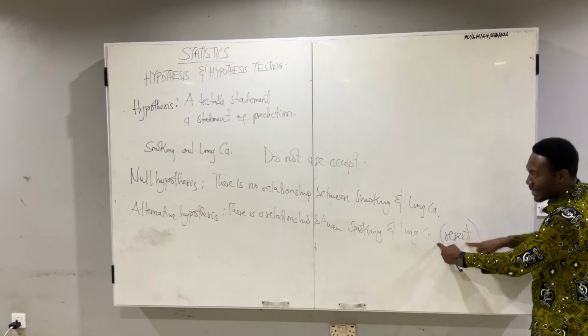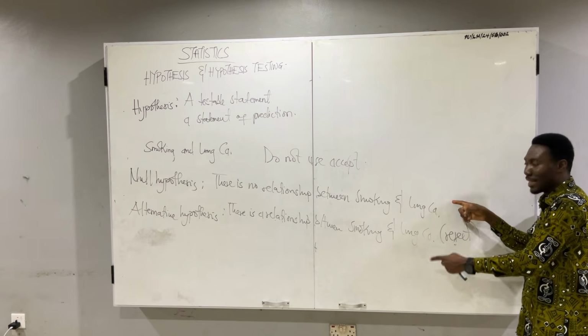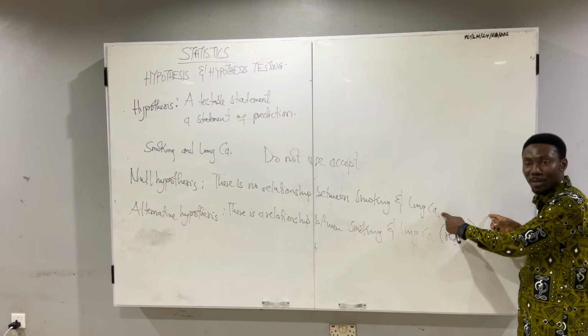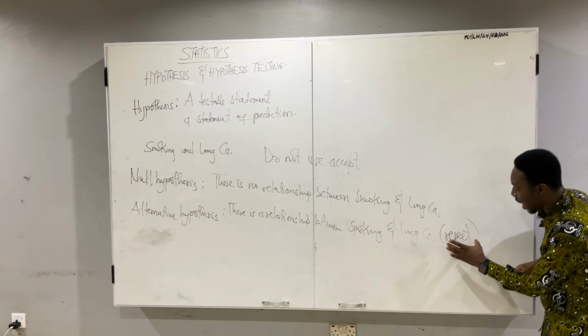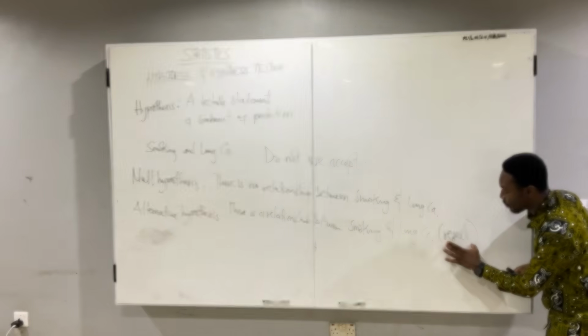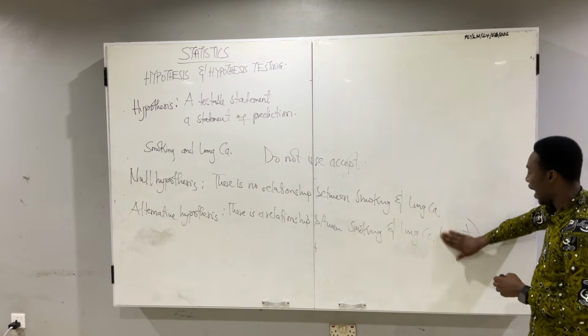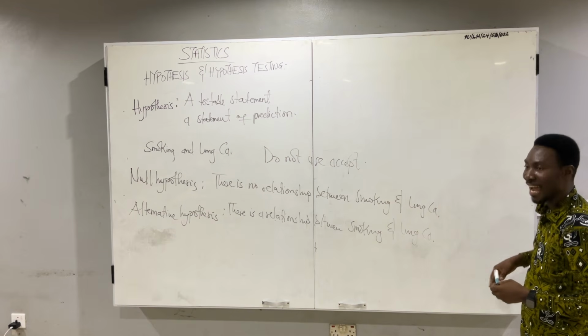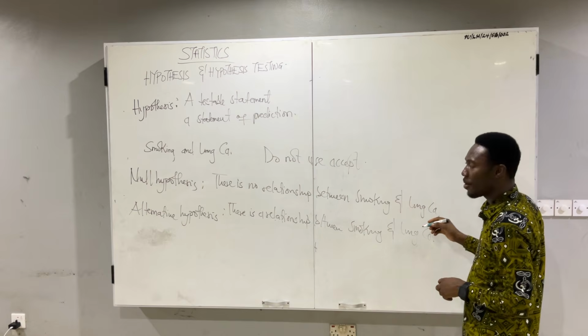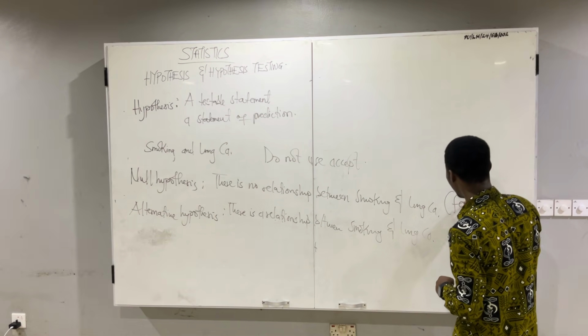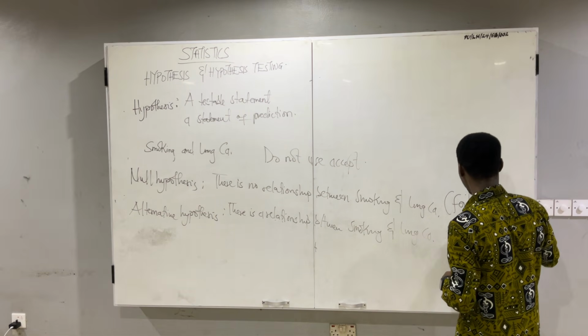Once I say I reject the alternative hypothesis, it automatically means I've accepted the null, because there are two. Again, another way I can say it is, instead of using the word accept, I will say I fail to reject.